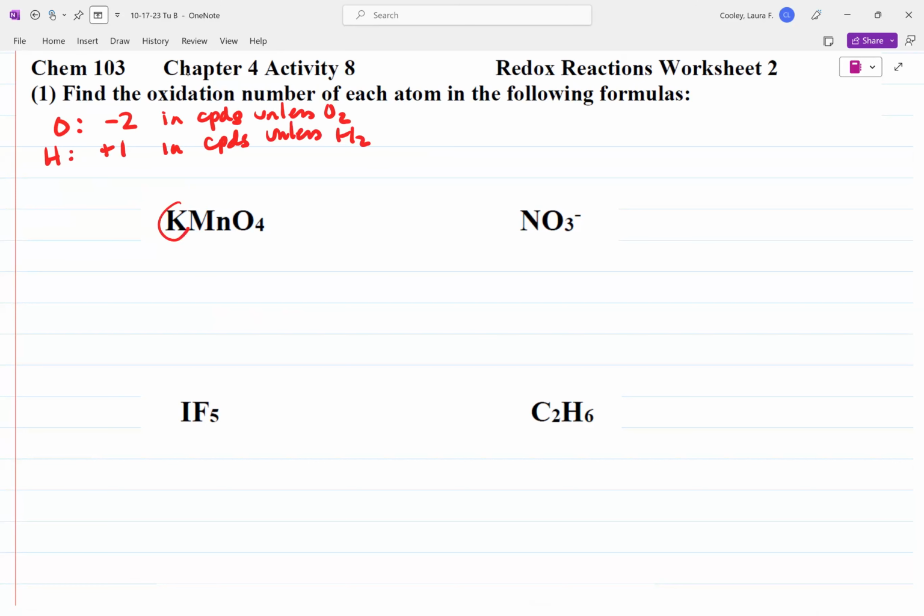What about potassium? What does it say in the oxidation number rules? Potassium is a group 1A metal. What is its oxidation number? +1. What is oxygen here?